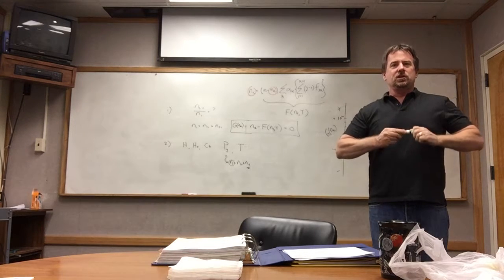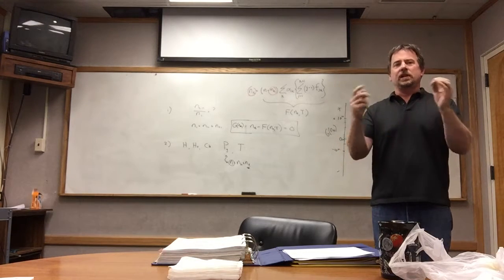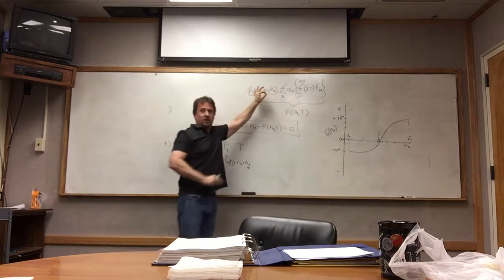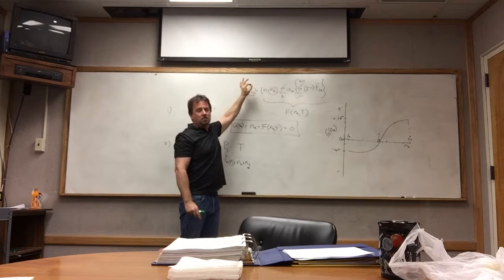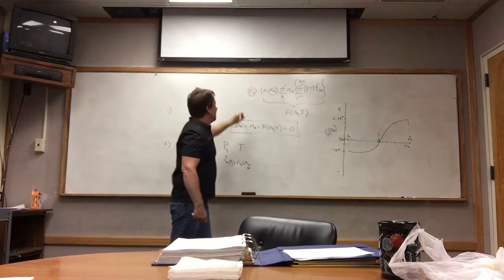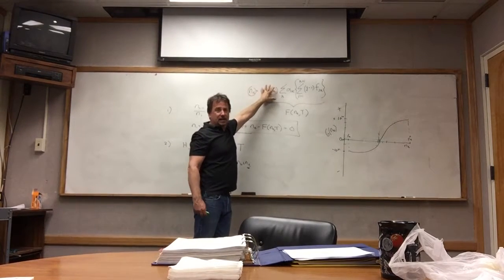And lo and behold, this iterative method now has given you the electron density that solves. What did this come from? This came from charge density conservation, if you remember. The principle of charge density conservation is now met.